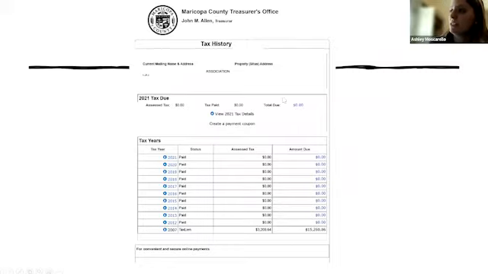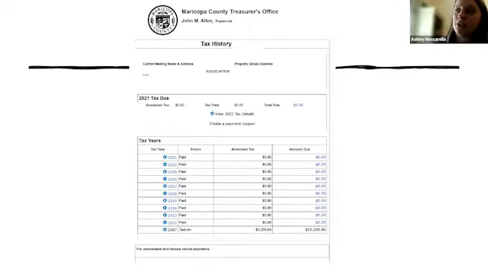Now this is for Maricopa County, again, bouncing back to Maricopa County, but this is the tax history that will come up. So when you put in your parcel number, this is a parcel that's owned by a homeowners association, and you'll see at the top here, it starts with the most recent tax year due. The property taxes, as you probably know, maybe even from your own personal use, are divided into 2 chunks, the first half and the second half for the one tax year.